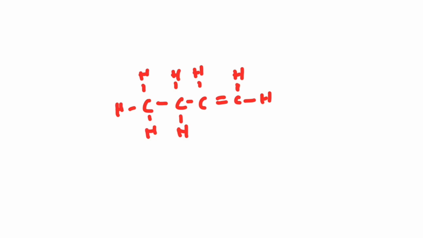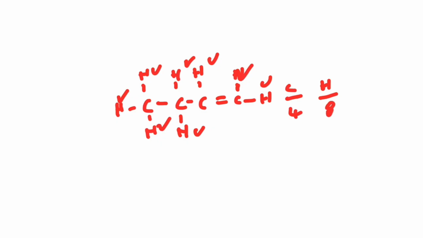So how many carbons do we have? We have 4 carbons. The number of hydrogens, let's take a look. 1, 2, 3, 4, 5, 6, 7, 8. So we have 8 hydrogens. And the general formula for alkenes is CnH2n. This is what we mean when we say the general formula for alkenes is CnH2n.